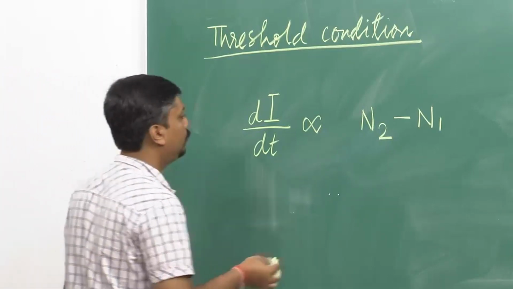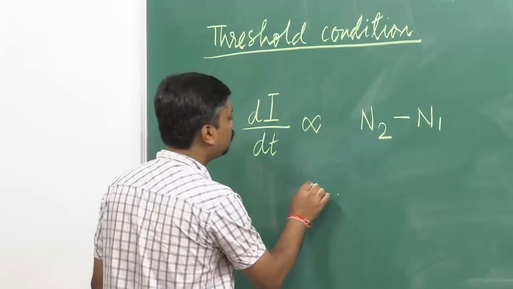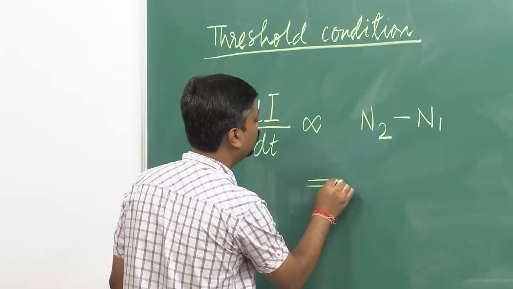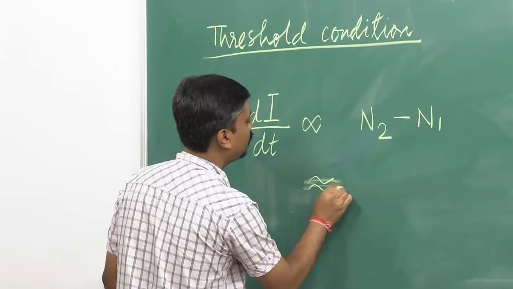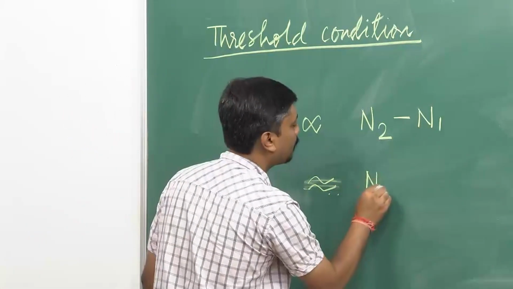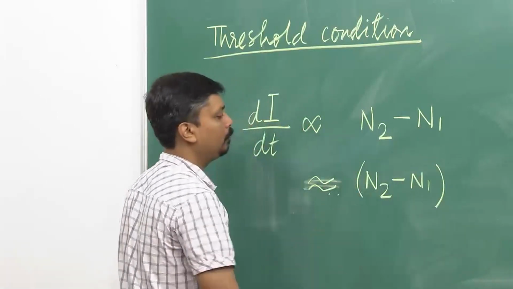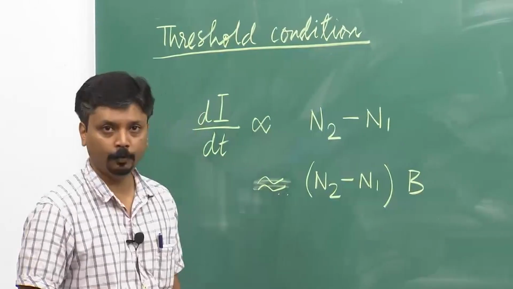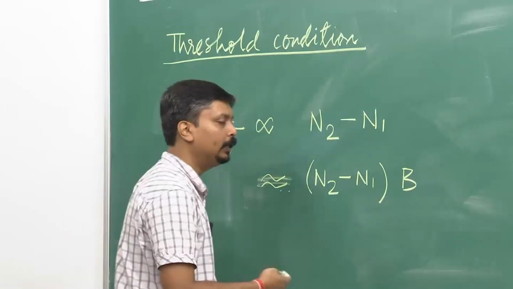Now, if I go to somewhat equality, I should be writing almost equal to the population difference, multiplied by B, which is the Einstein coefficient, which is the same for absorption as well as stimulated emission.